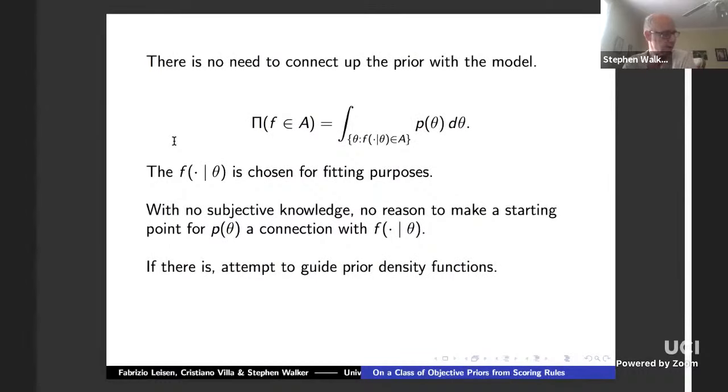So as I said at the beginning, the lack of connection to the model is because we're looking at information in P directly. We're not going through this route of looking at the information difference between prior and posterior at all. It's not clear whether the idea that it depends on the model holds, for various reasons.